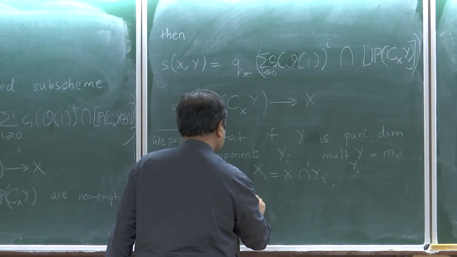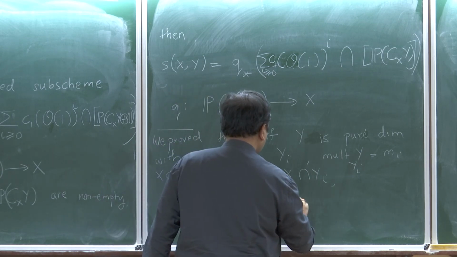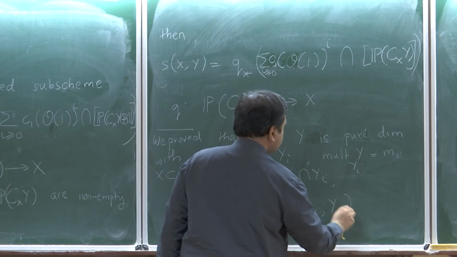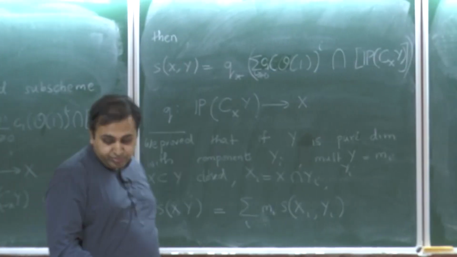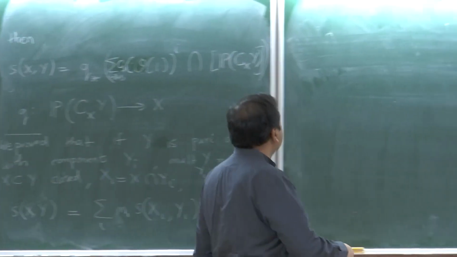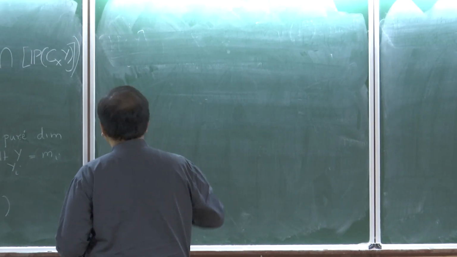So this ends up being the summation over all i of m_i times S(X_i, Y_i). This is what we had done last time, and now I'm basically going to talk about how these things behave with respect to proper push forward and flat pull back.